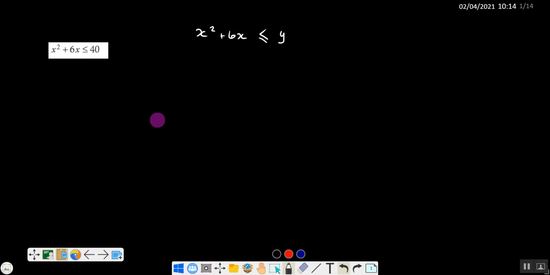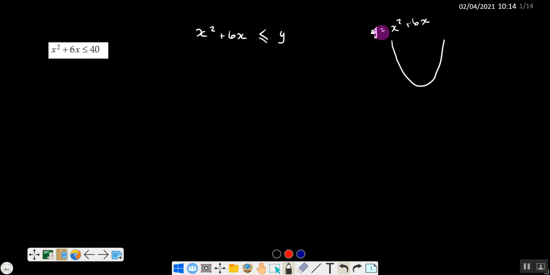But when we've got where it's less than or equal to 40, so let's imagine we have a line, it could be a quadratic like this. This line is where y equals x squared plus 6x, let's say. Right?